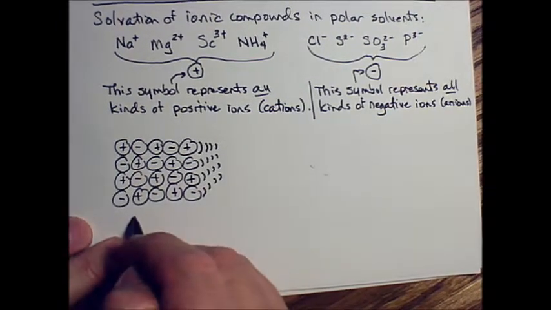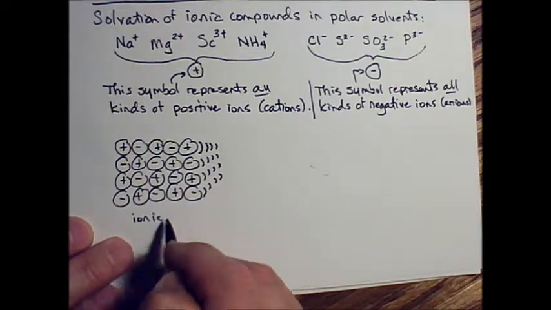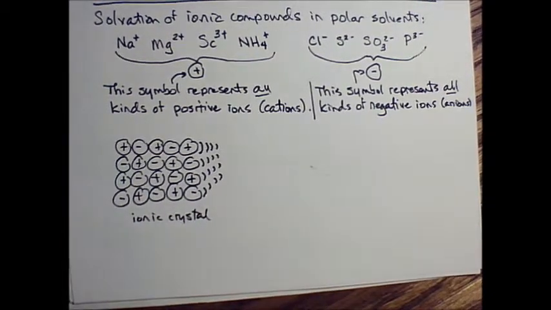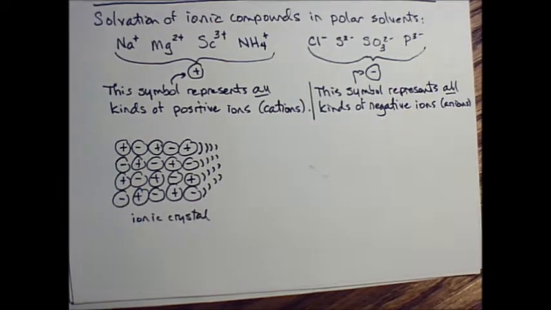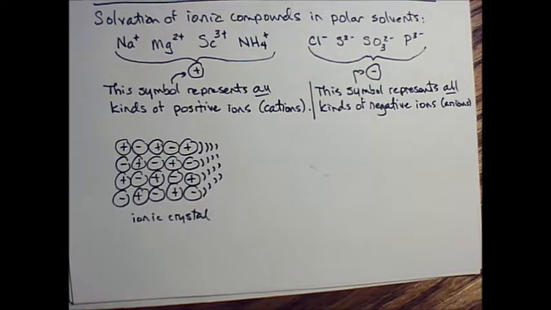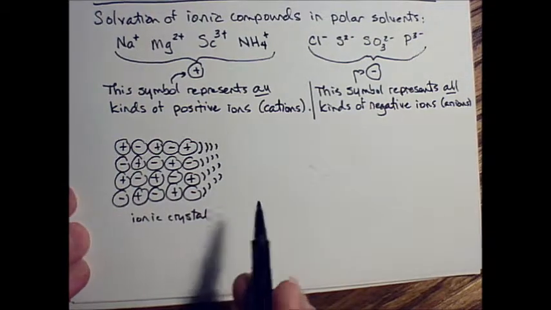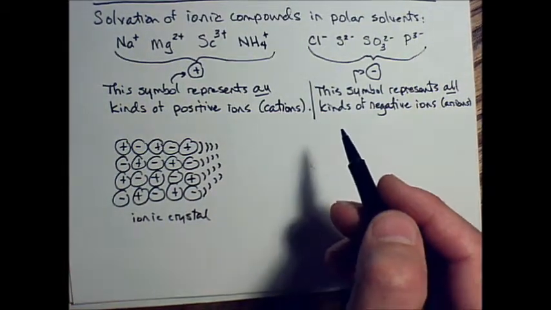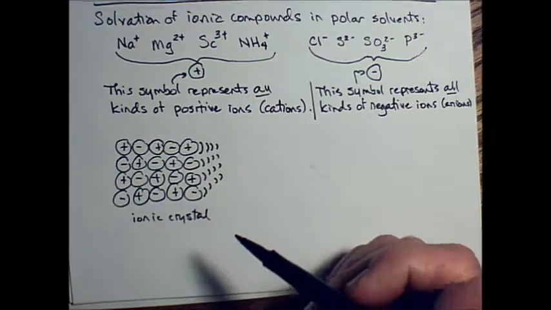And so we're forming what you can call an ionic crystal. So what we're going to look at is how a polar molecule can dissolve a crystal like this.